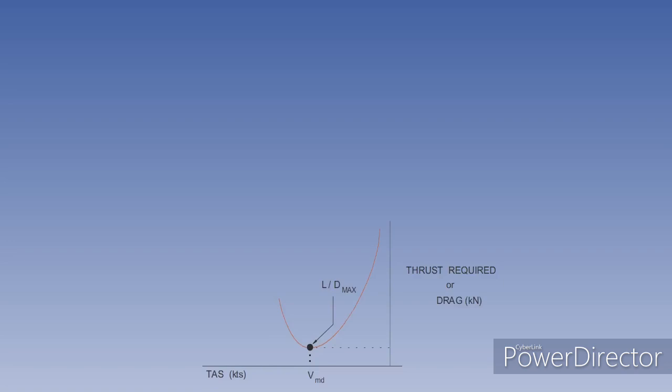Starting with a curve for drag or thrust required against TAS. The graph for power required is constructed by multiplying each value of drag by the appropriate TAS and converting it to kilowatts. Note that the min power speed, an IAS, is lower than min drag speed.